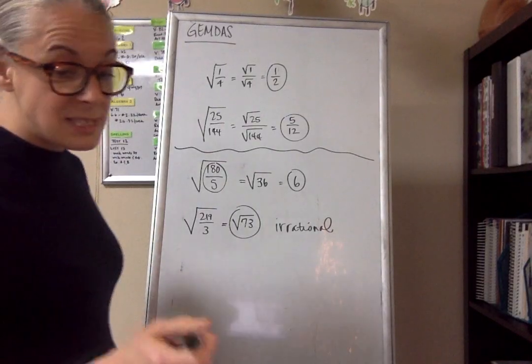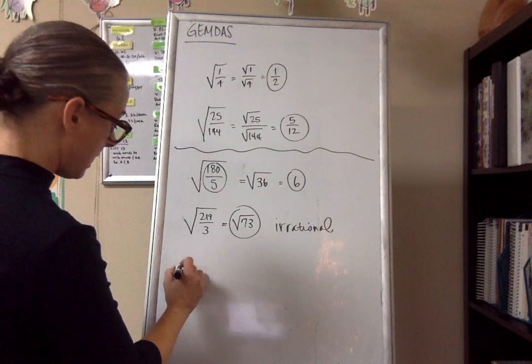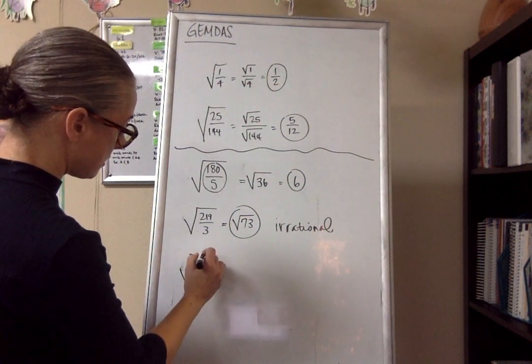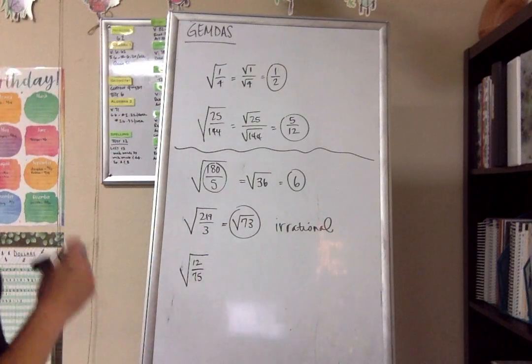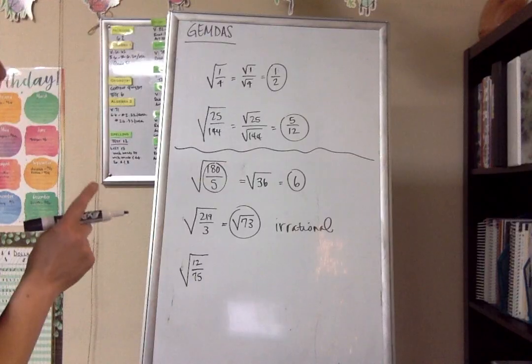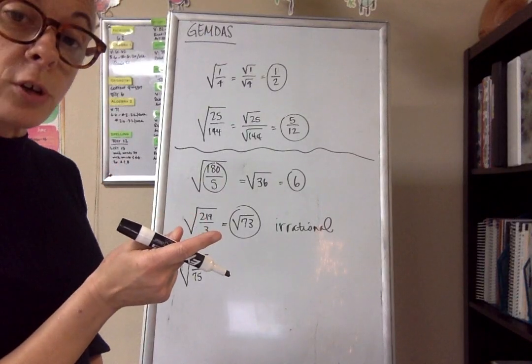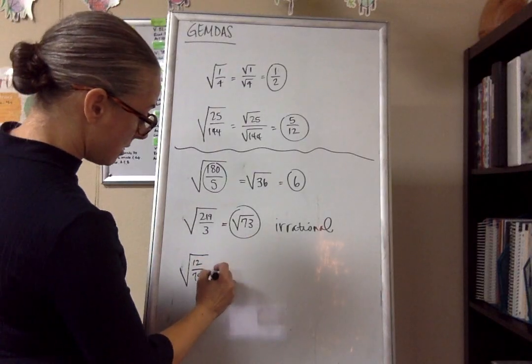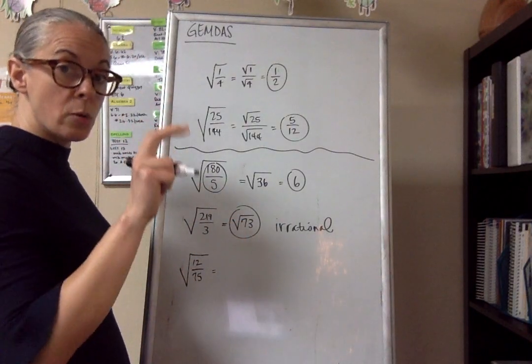And then problem C in example 4, I see the square root of 12 over 75. Well, I'm pretty sure 12 and 75 don't have perfect square roots either, but I recognize that they do share a common factor. 12 and 75 both can be divided by 3 to kind of reduce to lowest terms.